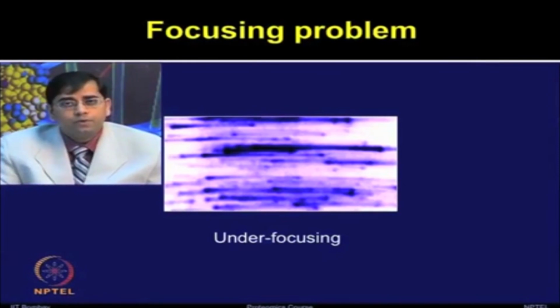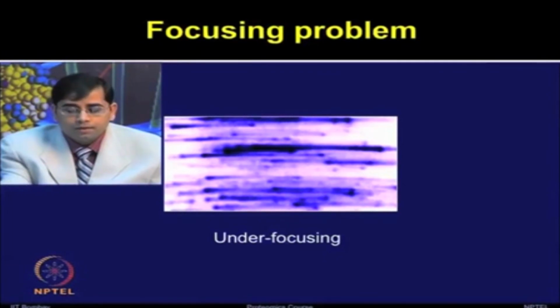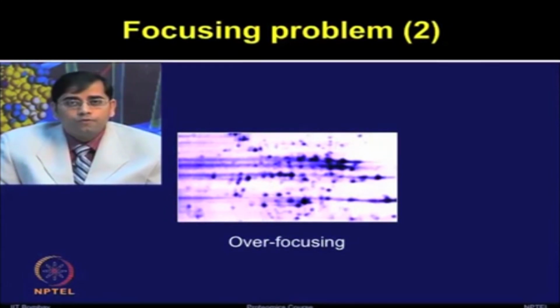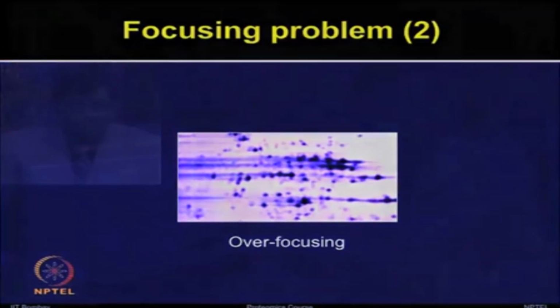Now, if you have run too much voltage and the overall volt hour is very high, then it may result in over focusing. So, optimizing a focusing protocol for the appropriate duration and overall volt hour is very important.